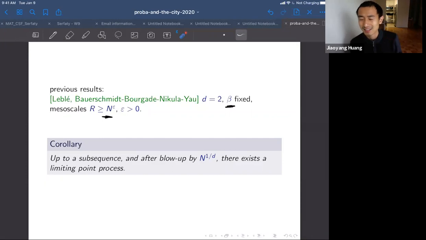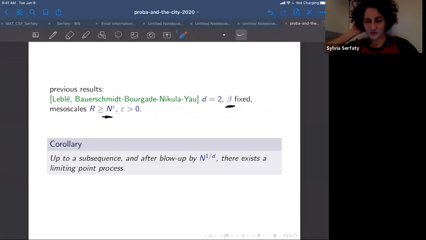And you mentioned the result gives the uniqueness of minimizer in 1D. Yeah. So it's slightly different from what you say, I think, but it's characterizing the point process. Right. So if you want to go from the point process to all the local statistics, that's not so obvious, I think.